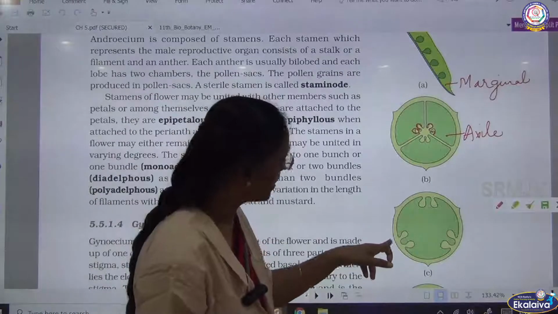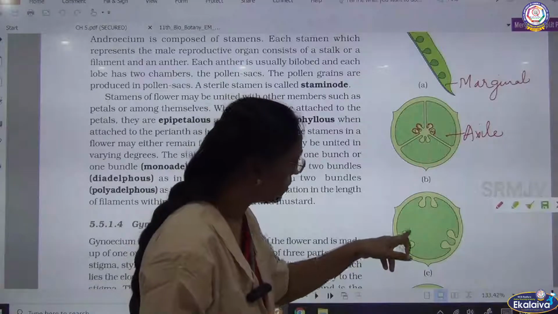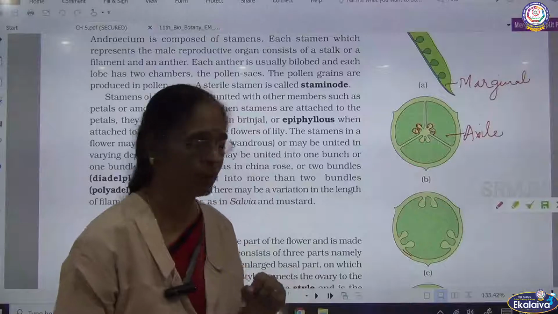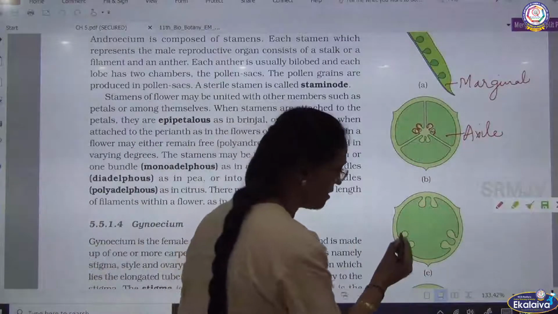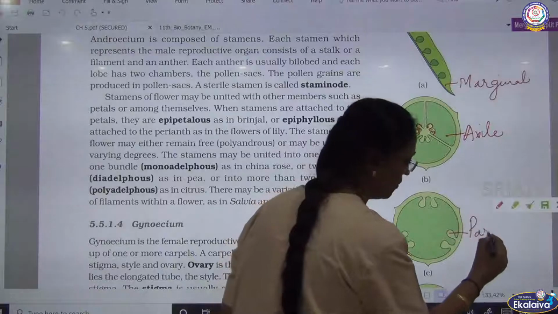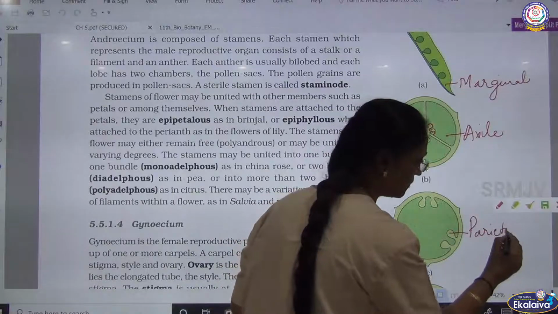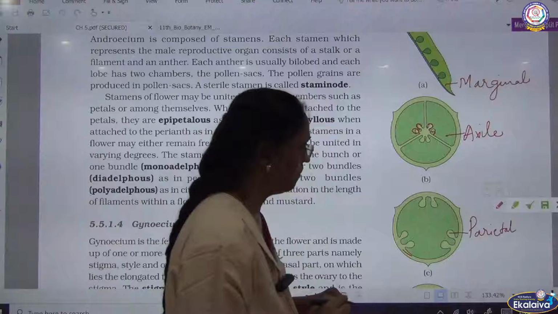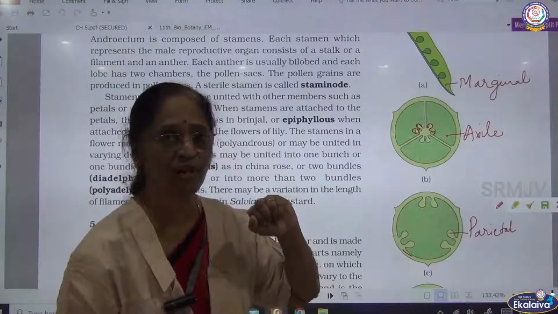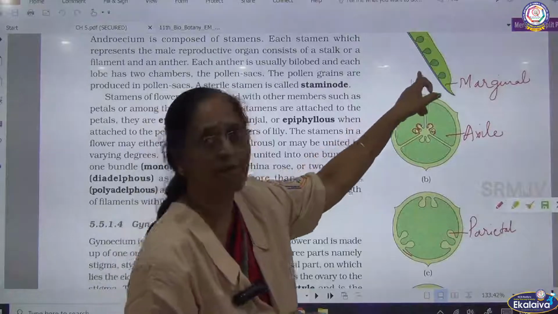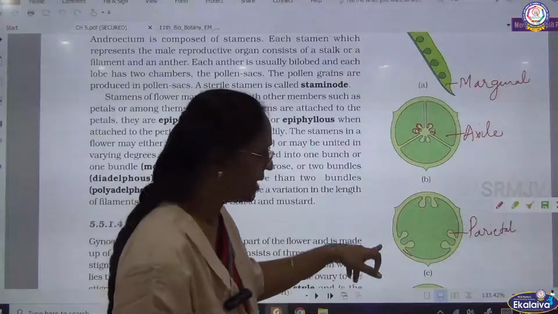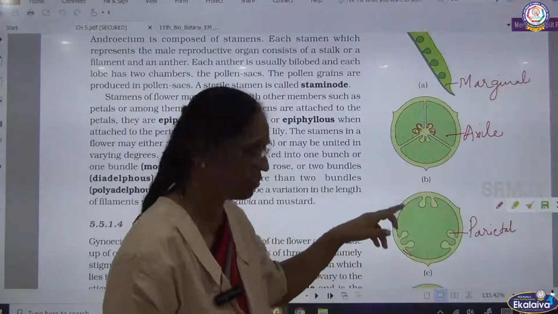In this picture you can see the ovules are at the periphery, on the inner wall of the ovary. So, we call this parietal placentation. Axile placentation we see in China rose, marginal we said we see in peas, and parietal placentation you will find in cucumber.